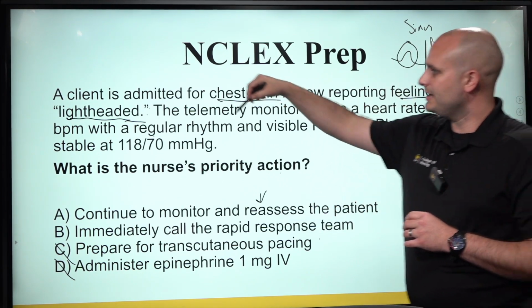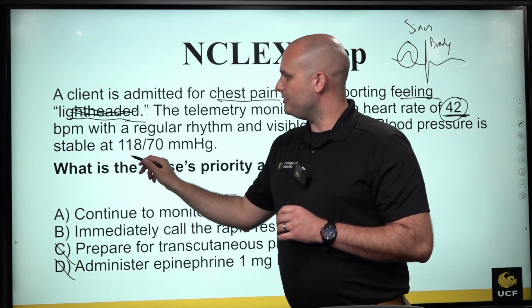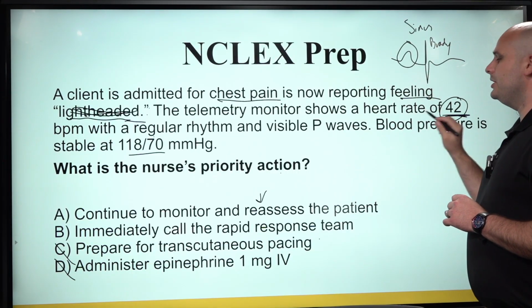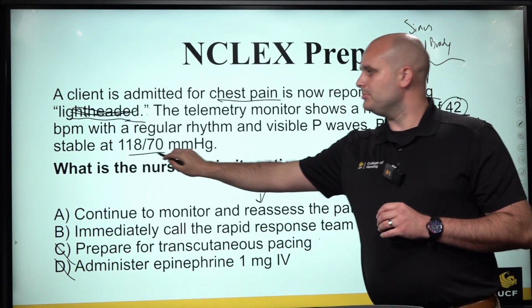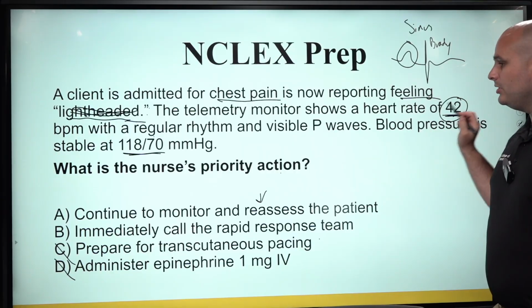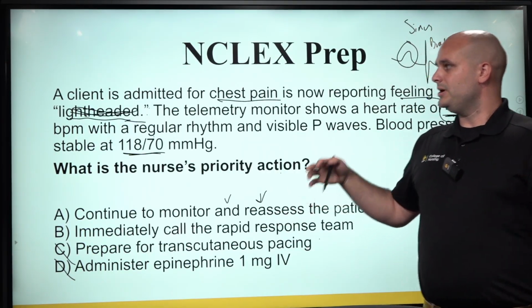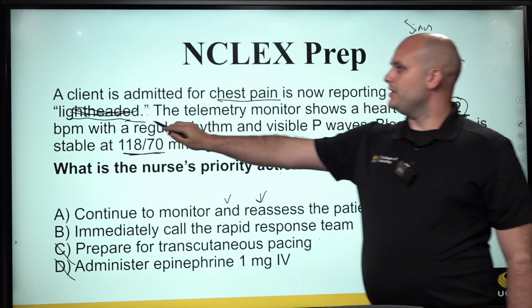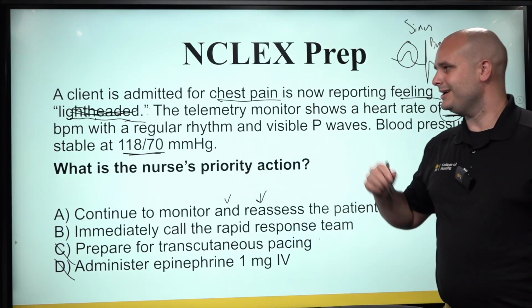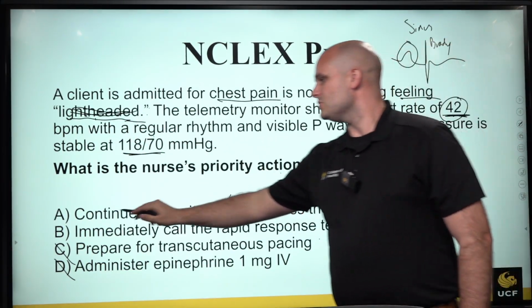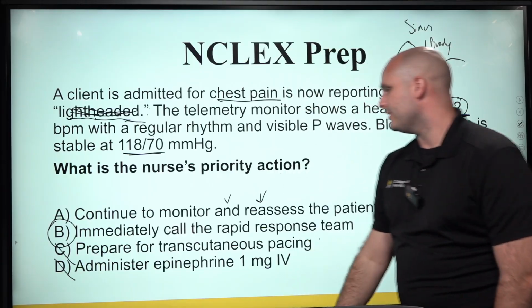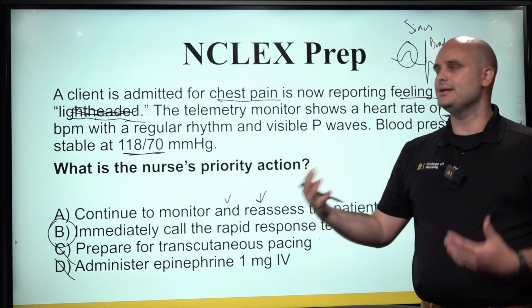If we take the lightheadedness out and have a normal heart rate or a low heart rate but a good blood pressure, and this is their normal, this could be the right answer. But they're having a new heart rate with lightheadedness on a chest pain admission. So what do we want to do? We want to initiate that rapid response team, have them come to the bedside and assess our patient.